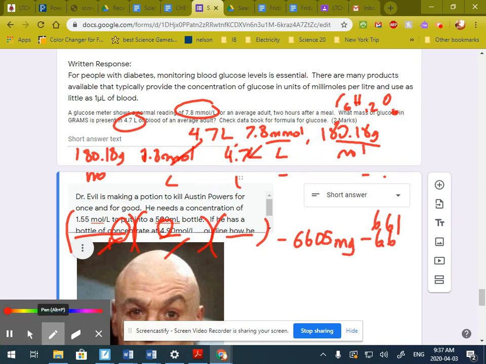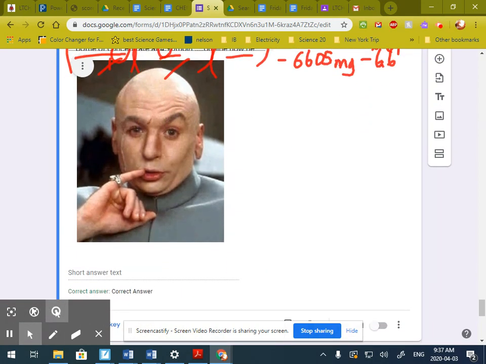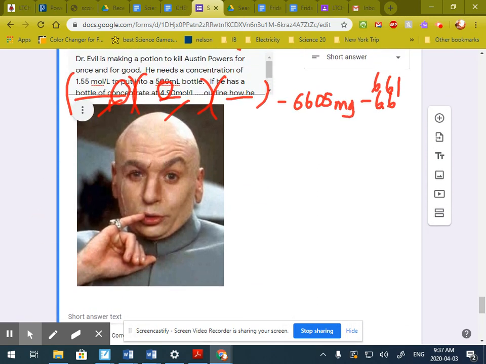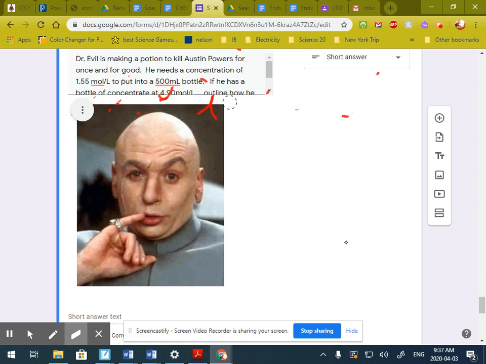So I need, jump down a bit. Okay, I'm just going to have to erase this here. Screencast stuff. Okay, so the first part was the math. C1V1 is equal to C2V2. The concentration initial is 4.90 moles per liter.